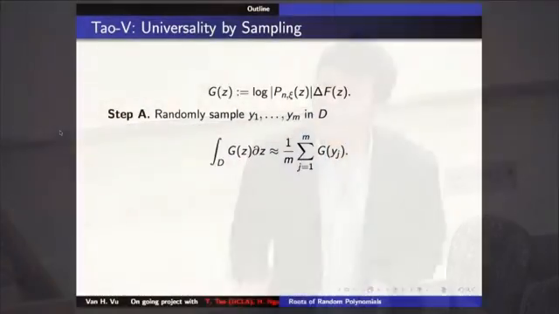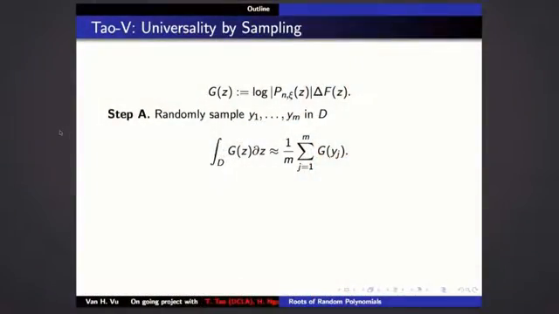The second part is that, although we have this integration, we can estimate it by sampling. If we have an integration, we can take m random points inside the region and take the mean. That in principle has to give us a good approximation of this number.